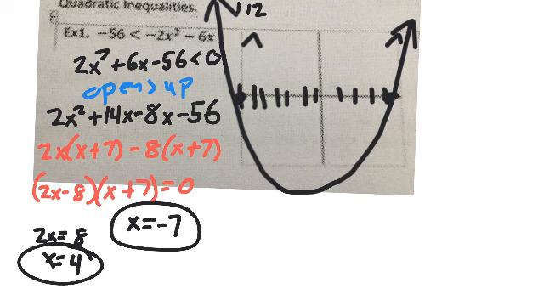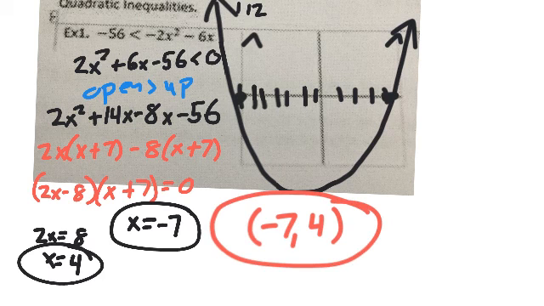Well, it's less than 0 between negative 7 up until 4. So again, think about our interval notation from negative 7 to positive 4. Those are not included because we're only looking for where it's less than 0, not less than or equal to 0. If it would have been less than or equal to, we would have put the brackets. But because it is not equal to, we put parentheses.